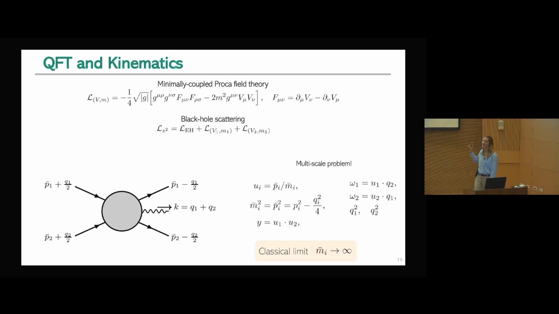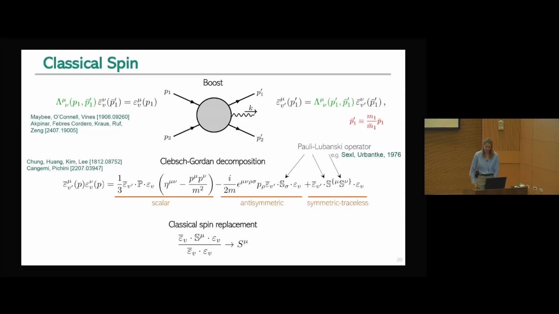In fact, we have 7 irreducible scalar products that we need to worry about. What makes it also a bit hard is that by using this Proca theory, the amplitude is expressed in terms of polarization vectors instead of classical spin. But we want a result that has some correspondence to the spin of a black hole.